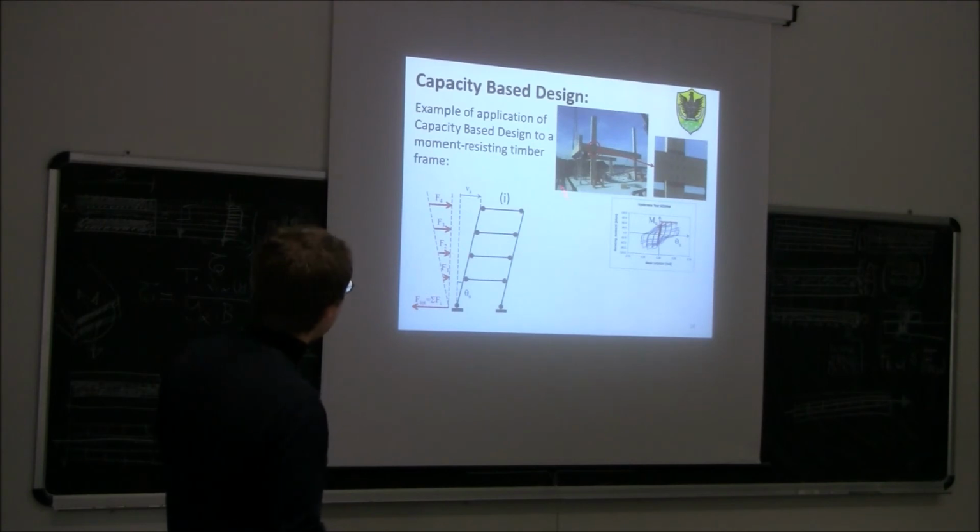Of course, if we have a global plastic mechanism like this, if we do what we call a pushover analysis, so if we basically increase all these horizontal forces by keeping the ratio constant over time, we will end up with a diagram like this.